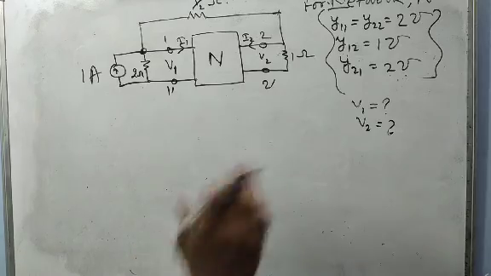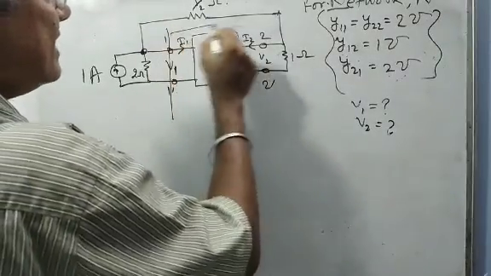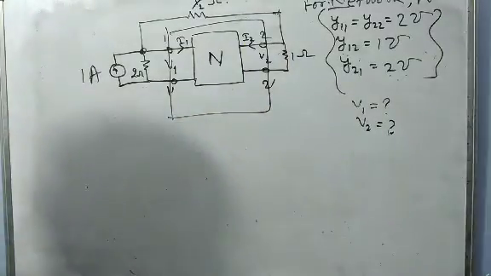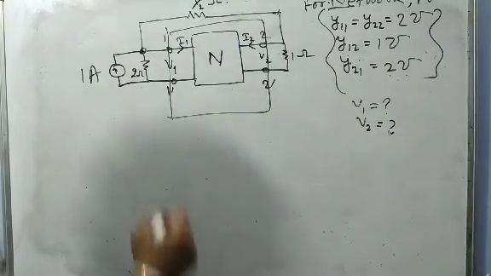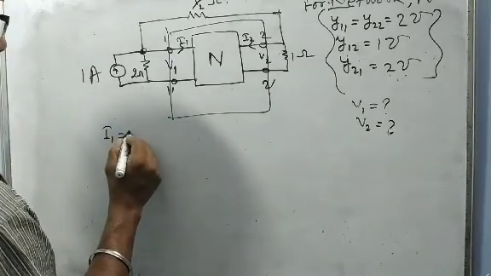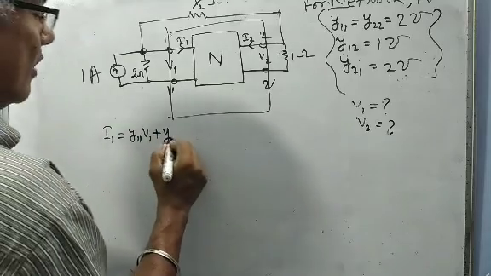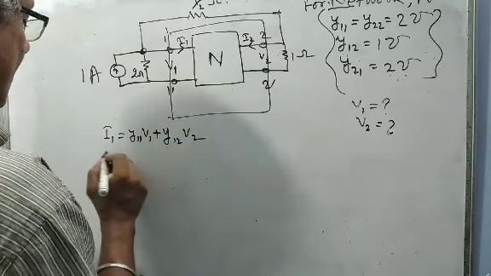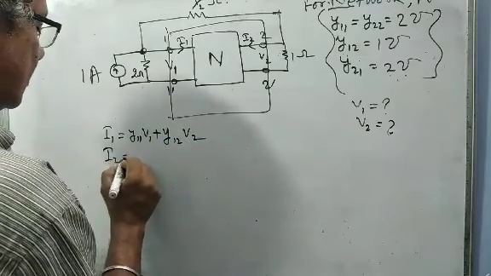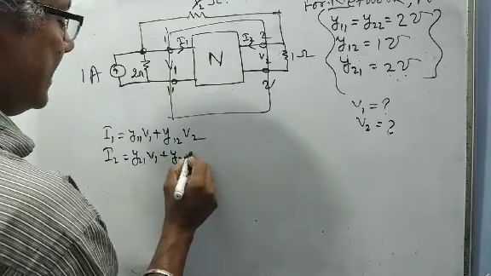Very easy. Write the KVL. Up till here you know very well the interrelationship. You can write I1 equals Y11 V1 plus Y12 V2, and I2 equals Y21 V1 plus Y22 V2.